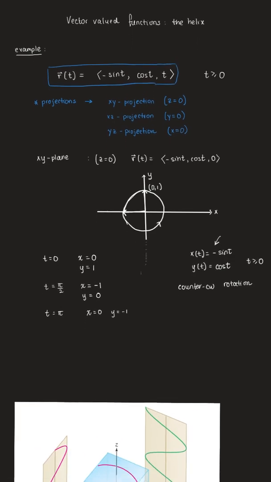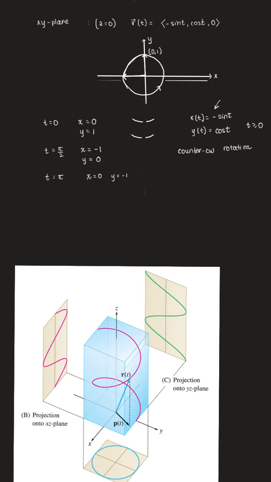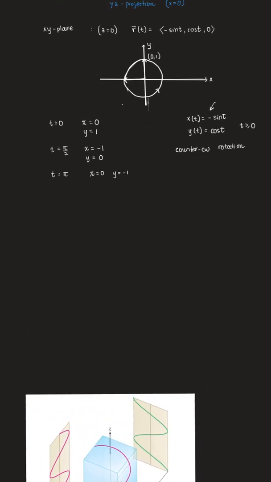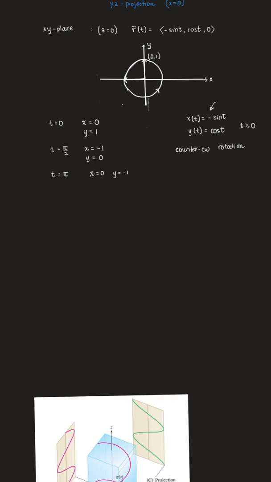Let's take a look at the xz projection. So I'm going to move this graph a little bit further down. We'll get to that in a second. And we're going to look at the xz projection. To do that, I want to see what the shadow of my curve is on the xz plane. So I'm going to let y be 0. That gives me my vector function: negative sine t, 0, and t.